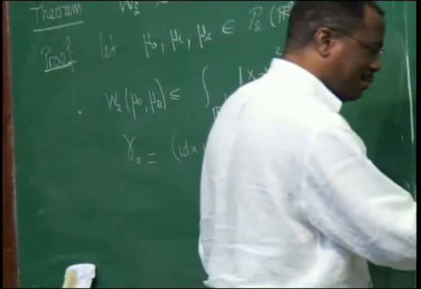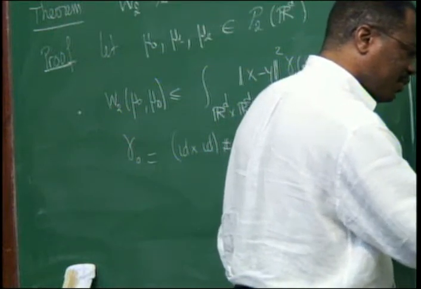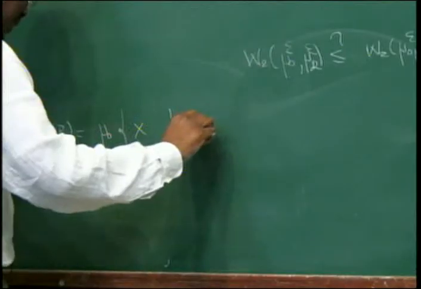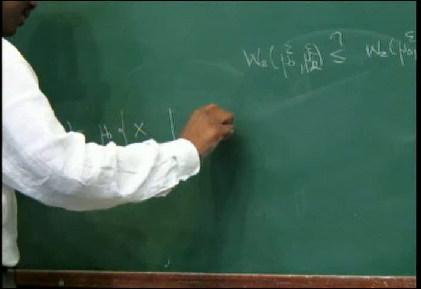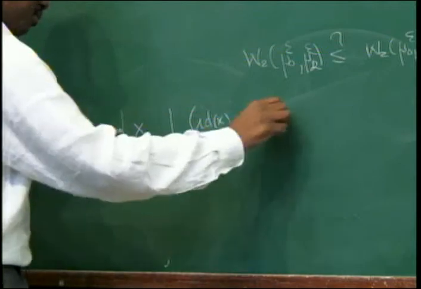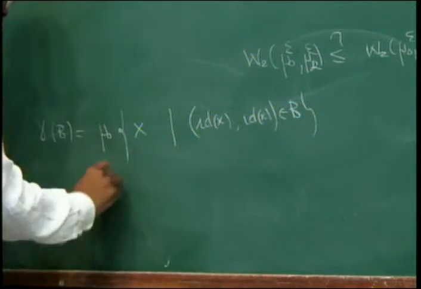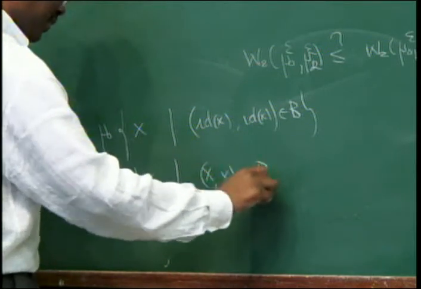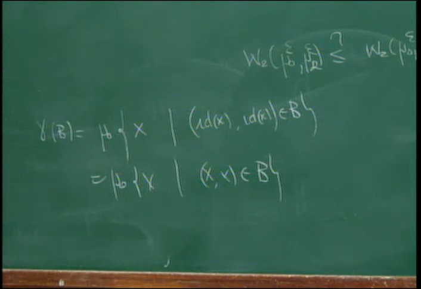Then if you compute gamma of B, this is mu naught of x such that identity of x is in B. This is mu naught of x such that s is in B. So this is mu naught of the diagonal of B. And so s equal to y gamma naught almost everywhere.